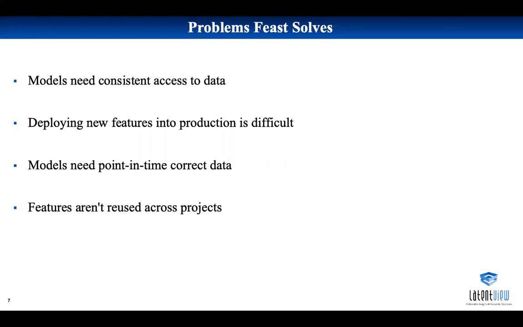So we go with the introduction of the concept of feature store, which means the decoupling of the features or the data from the model itself. Because we are decoupling it, the access to the data has to be consistent.